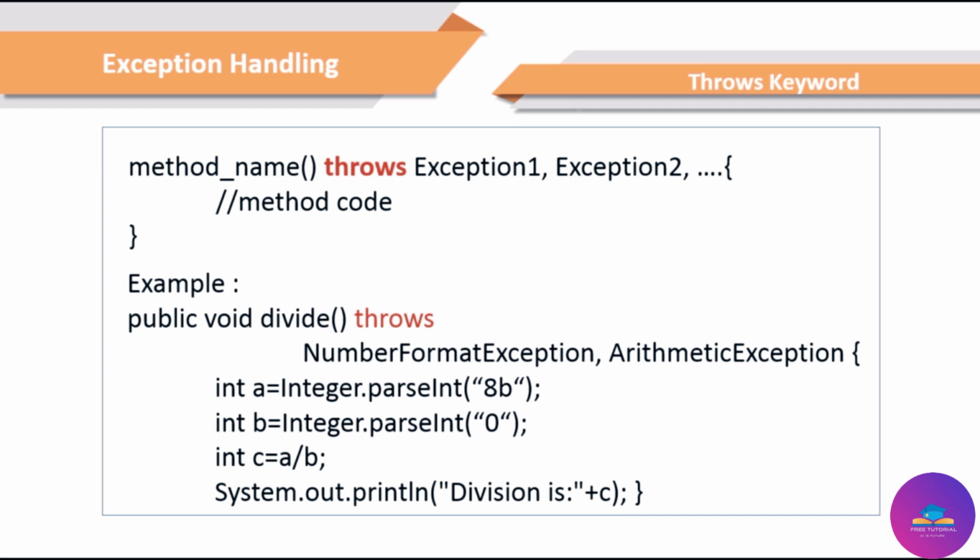The first, parseInt, is the method that throws the NumberFormatException because 8b is not a number format. In the division operation, if the first number is in a number format and the divider is equal to 0, it throws the ArithmeticException.